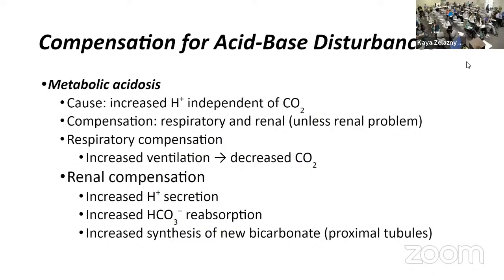In metabolic acidosis, problem is not your lungs. Therefore, you can start to fix some of it with your lungs potentially. Okay, so if the cause of acidosis, so high acidity, low pH, is hydrogen ions and not carbon dioxide due to weird breathing, okay, you can compensate first with the respiratory system, and then in the longer term, if the problem is not directly your kidneys, you can have your renal compensation kick in.